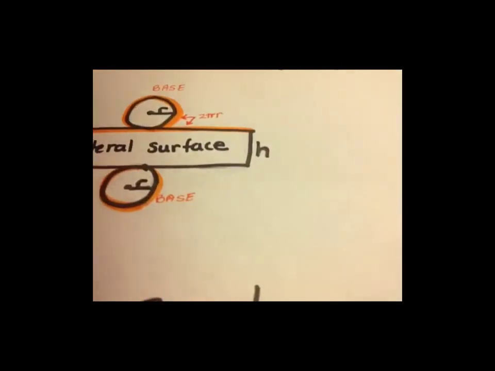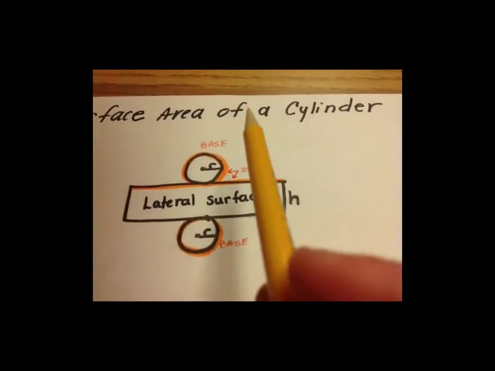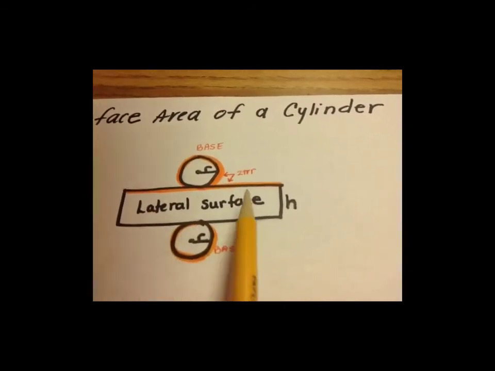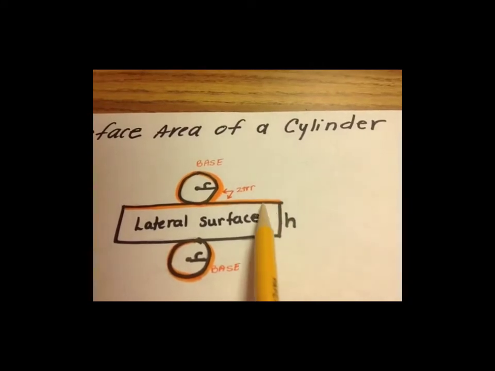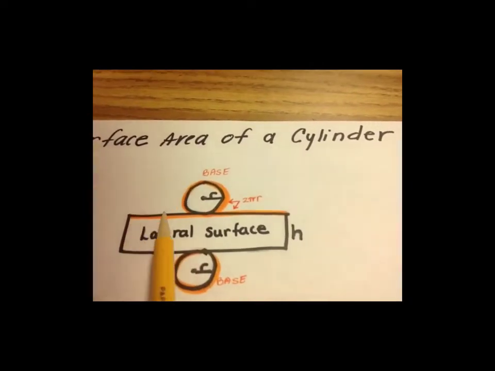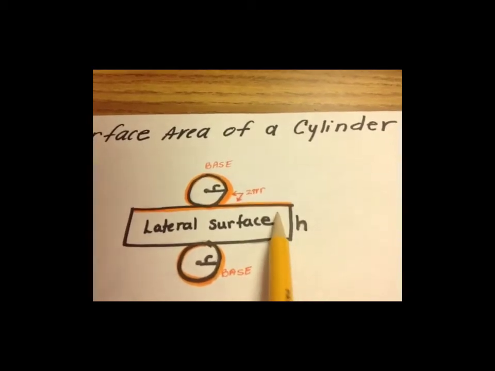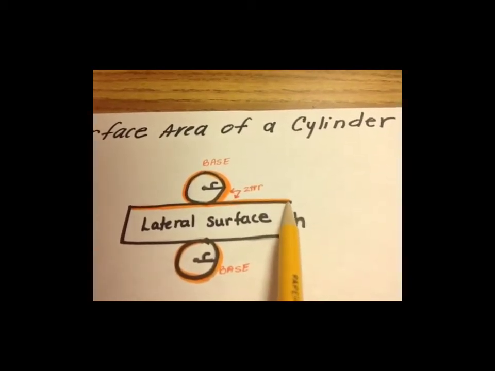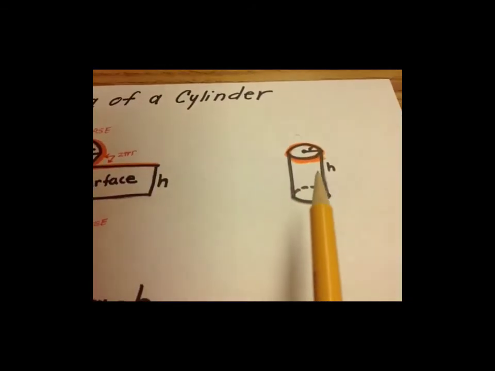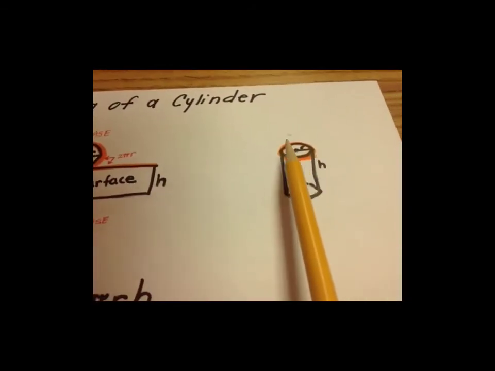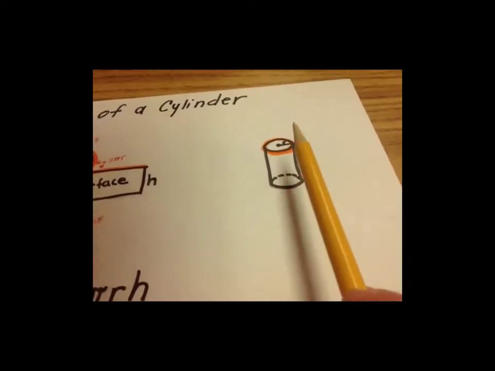Now the only tricky thing that can get a little bit confusing is the area of this rectangle, because normally you want to just do length times width. But the actual length of this piece right here is 2 pi r. And the reason for that is, if you think about what a cylinder looks like, when you roll this piece of paper up to get it to look like this, the part that's rolled is actually the circumference of the circle.